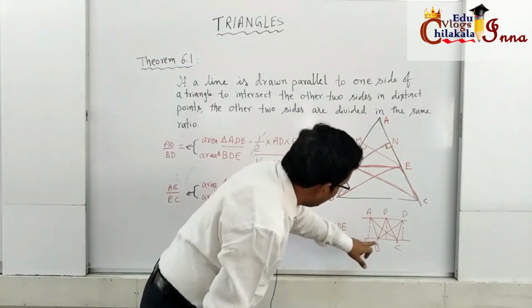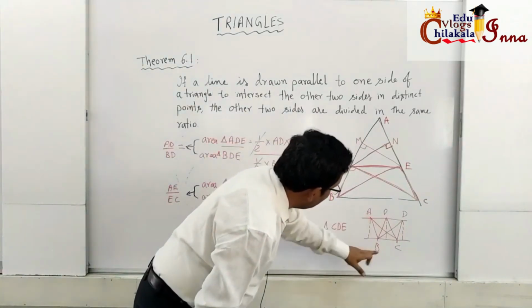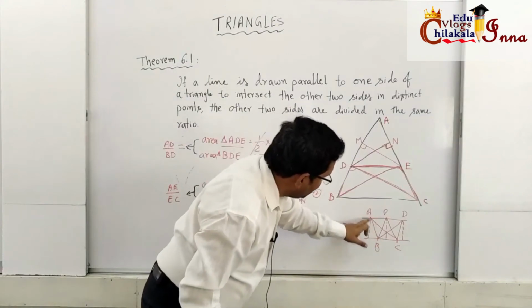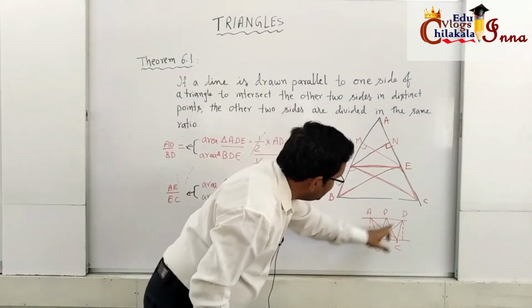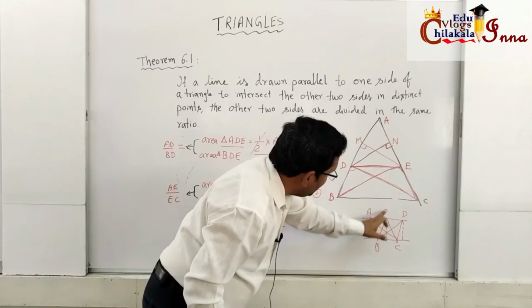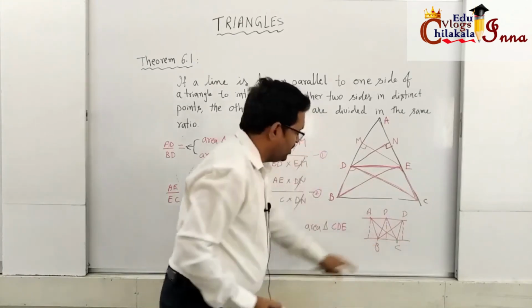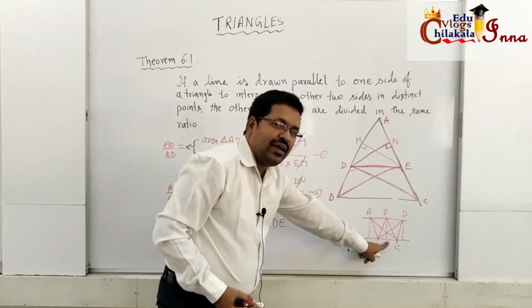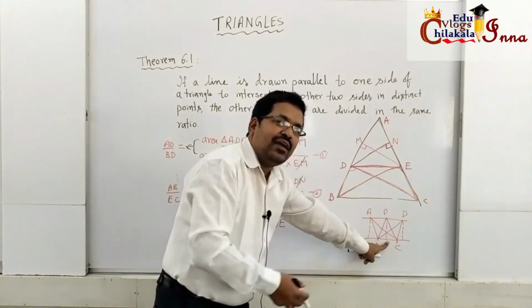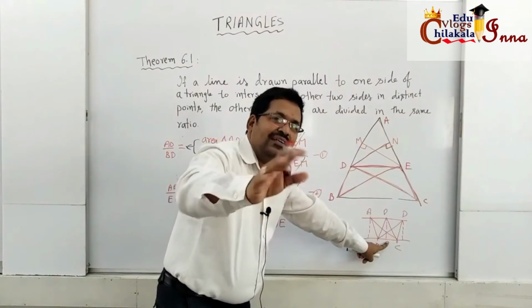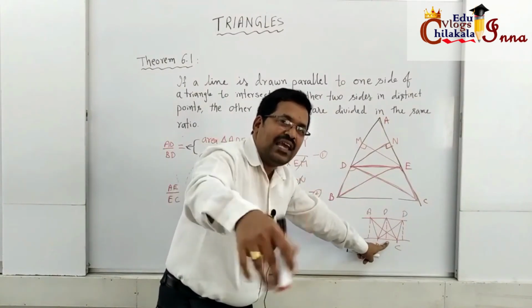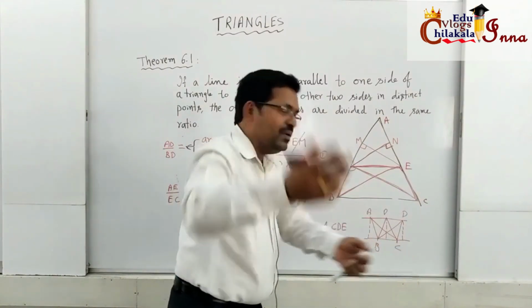Here look at it. AD and BC are two parallel lines. I am constructing triangles ABC and BDC on the same base. The base is the same and the height is the same. If the height is the same and the base is the same, then the areas will be equal.